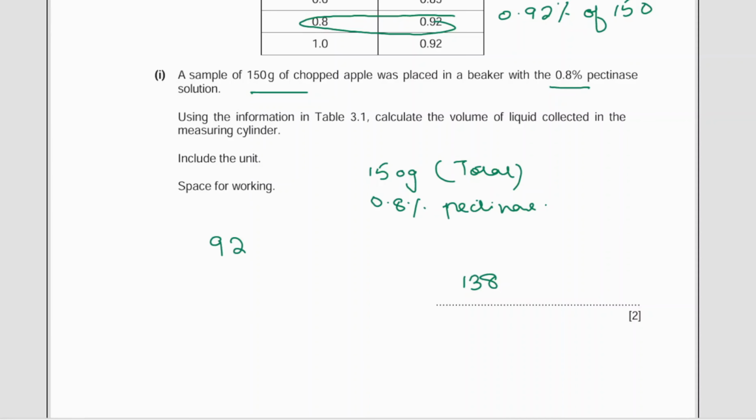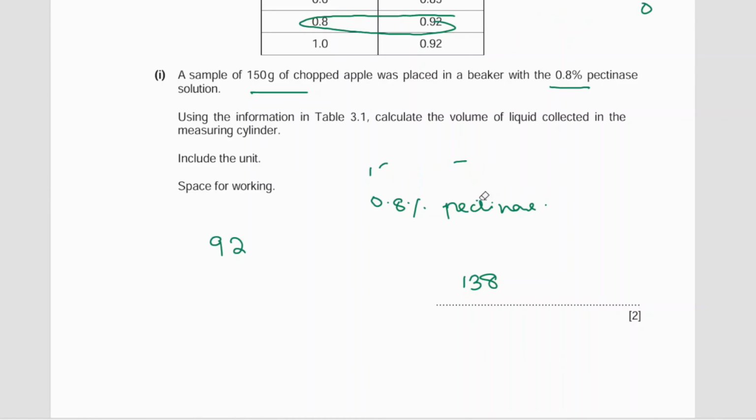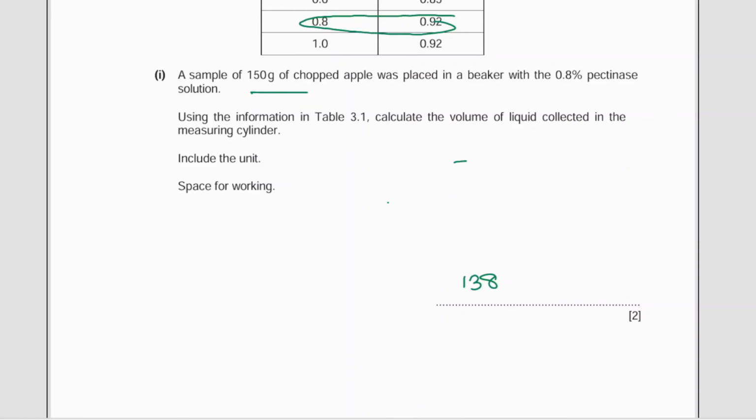Okay, wait. Let's just erase this. The total volume is 150. 150 is the mass of chopped apples. And we get, let's say, 92% of this as juice, right? So what is 92% of 150?